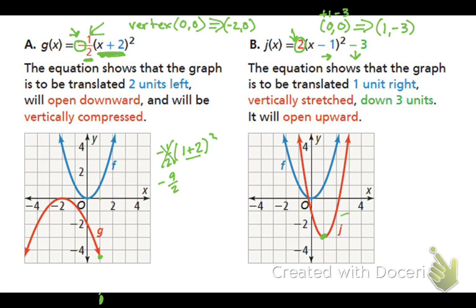How about 2? So 2 minus 1 squared minus 3. 2 minus 1 is 1, 1 squared is 1, times 2 is 2, minus 3 is negative 1. So I plugged in 2, got negative 1. Without the 2, 2 minus 1 squared minus 3, that'd be 1, and 1 minus 3 would be negative 2.